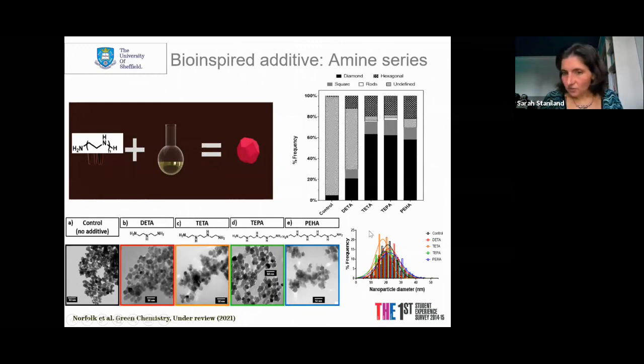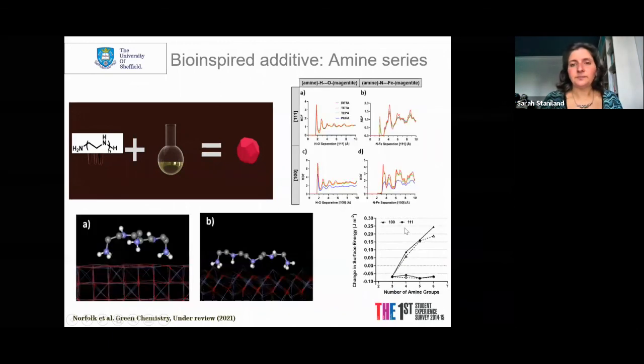There isn't really much control over the size; the size seems to be similar throughout. We've done the modelling on this as well, and conversely to what we saw with the Mms proteins, the modelling prefers the 111 surface of magnetite rather than 100, and that preference means we make octahedral particles rather than cubic.